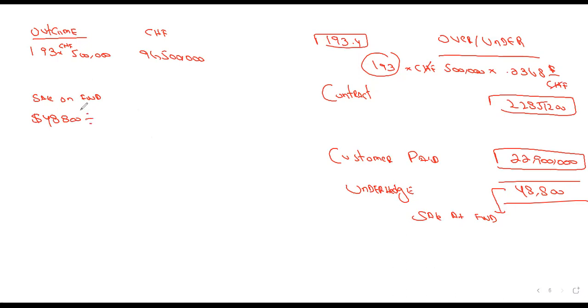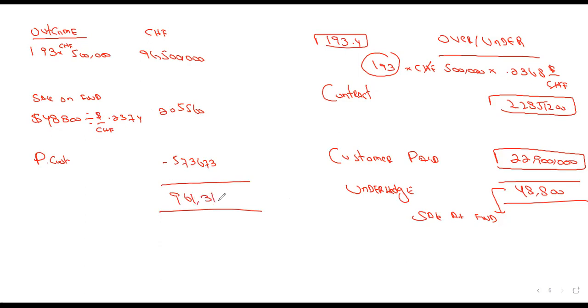What was the rate? $0.2374 over CHF. So that will come as 205,560, and one is your premium cost, which is negative 573,673. What is your final answer, guys? 961,318,887.